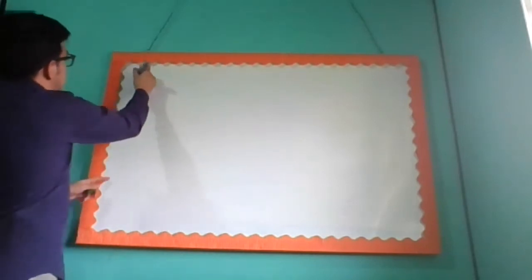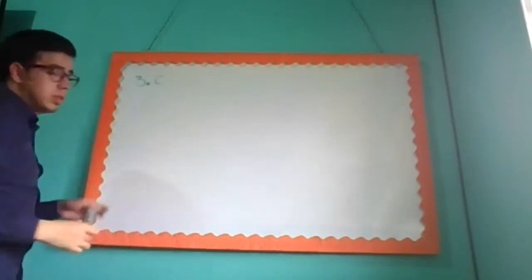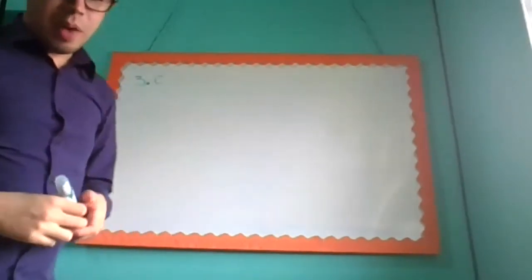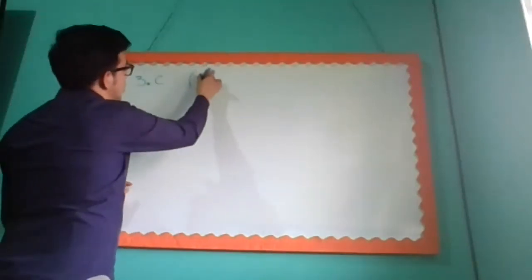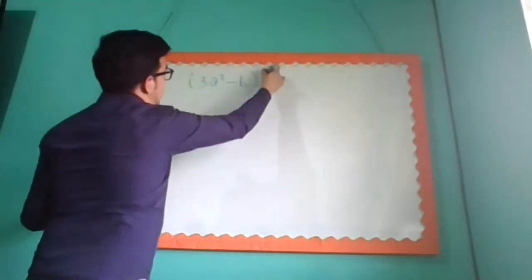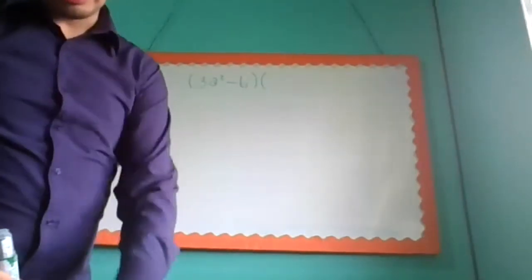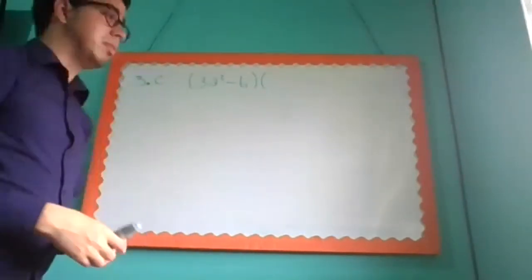Exercise number 3. We have 3a to the power of 2 minus b. This is multiplied by the other term, that is a to the power of 2 minus 2b.